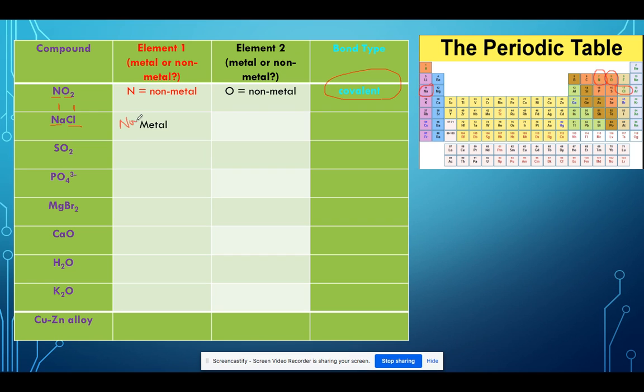Cl is our nonmetal. So once we have a metal and a nonmetal, that is a type of ionic bond. I'm just going to do a few examples together because you're going to try the rest.